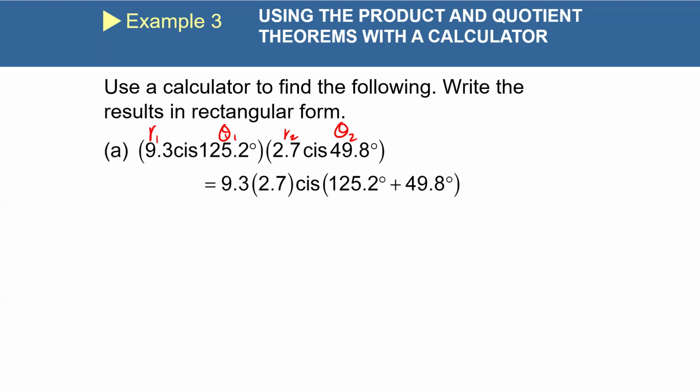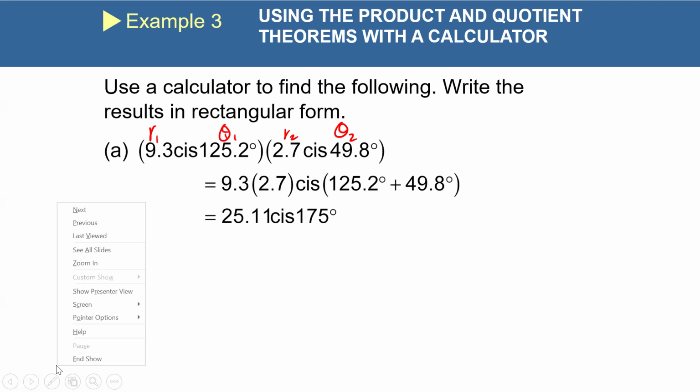Obviously, we can do our radii, right? 9.3 times 2.7. And we can add. But we're going to have to do our cosine and our sine separately. Does that make sense? So we're going to have to find the cosine of 175 and the sine of 175 separately. So that's what we're putting into the handy dandy calculator.